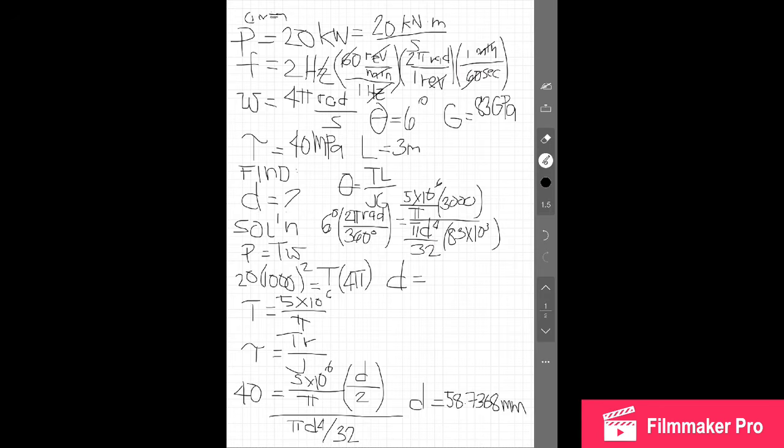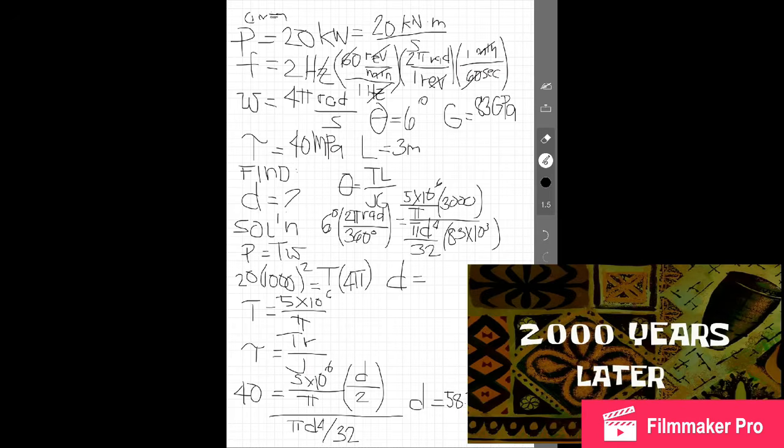So, solve mo na lang ulit. 6 times 2 pi divided by 360 is equals to 5 times 10 to the 6 divided by 5 times 3,000, over pi x raised to 4 over 32 times 83 times 10 to the 3.